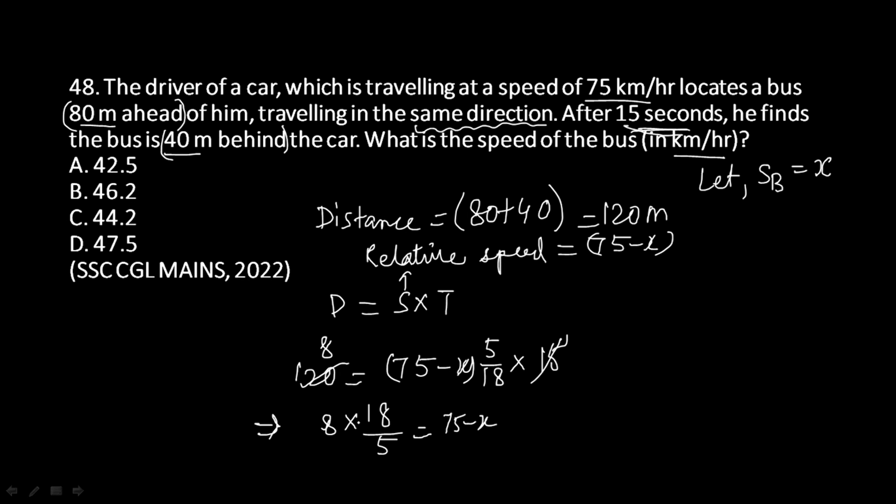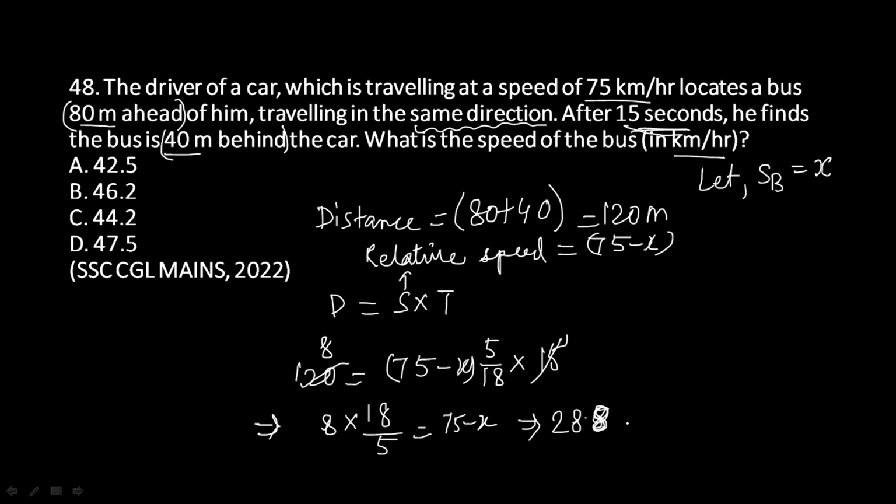Can it be fully divided? No. So 8 into 18 is 144, and 144 by 5 is 28.8.